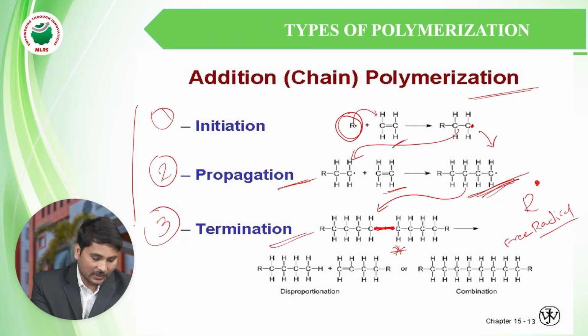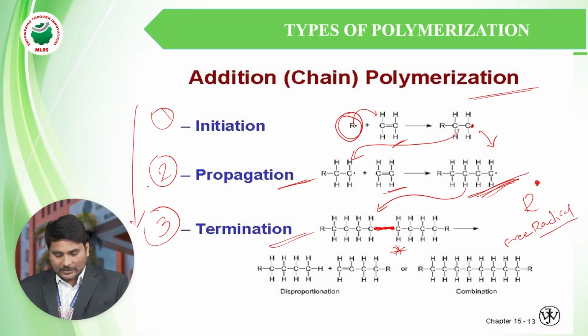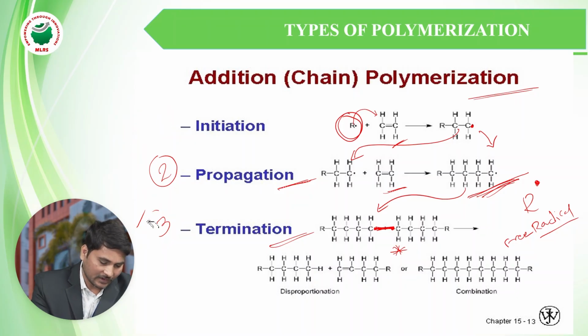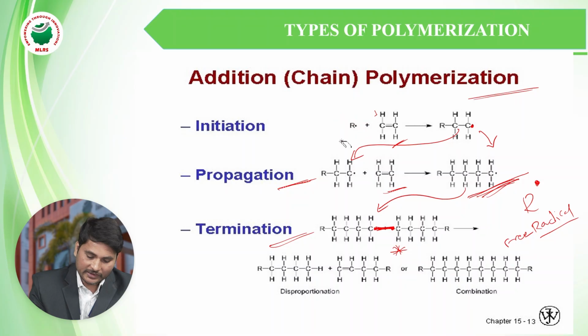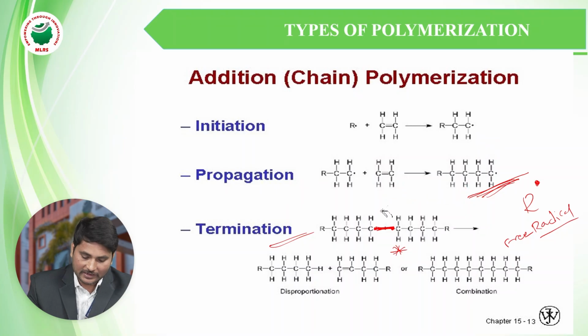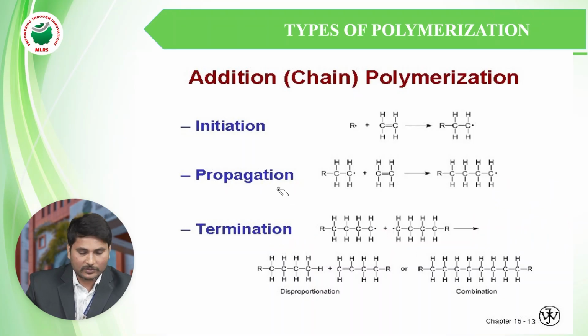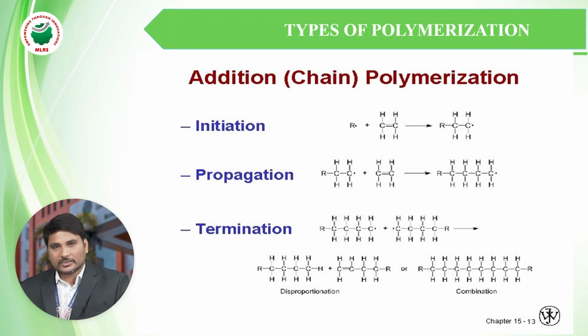So these three steps are involved when we are discussing addition polymerization, or chain polymerization, or free radical polymerization. First, an initiator is required to initiate the reaction. After that, the free radical reacts with one of the monomers, and that monomer again reacts with another monomer; that is the second step, propagation. In the third step, we want to stop the polymerization process, so by termination the polymer is dead.